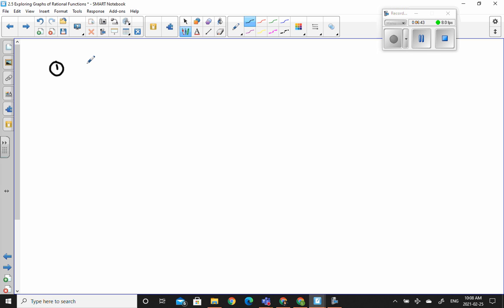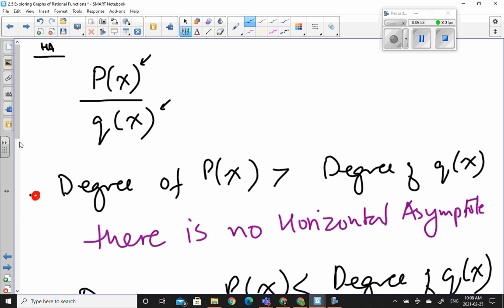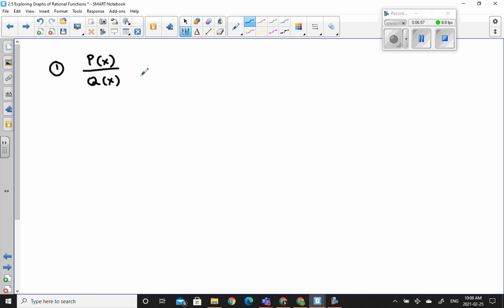So the first is, if you have a rational function p of x divided by q of x, and the first scenario is what happens if the degree of p of x is greater than the degree of q of x.